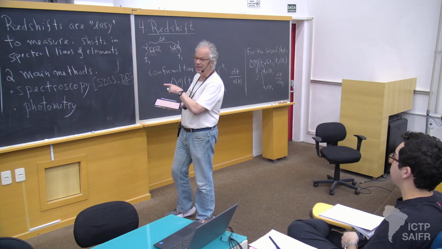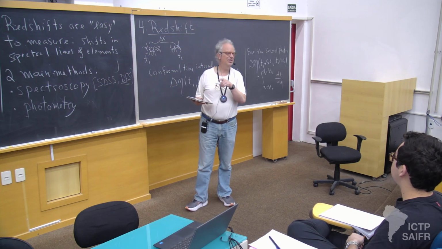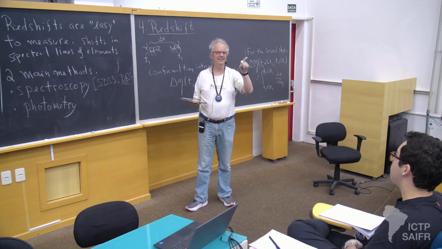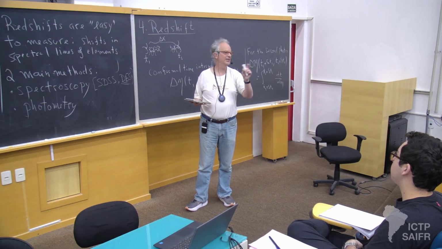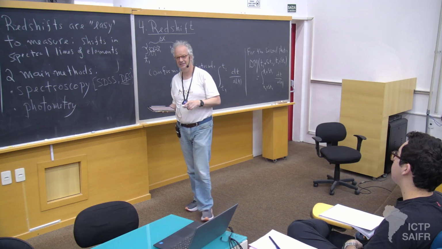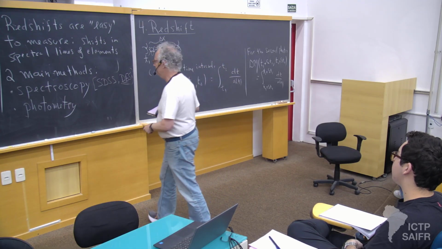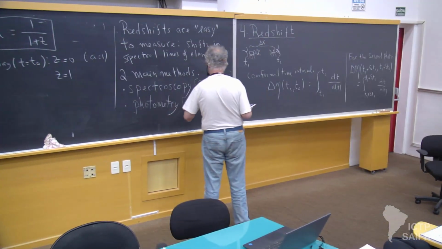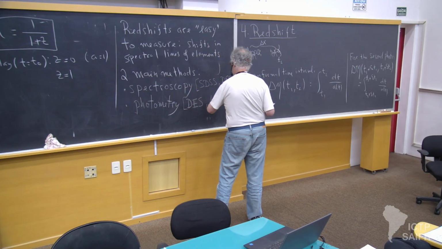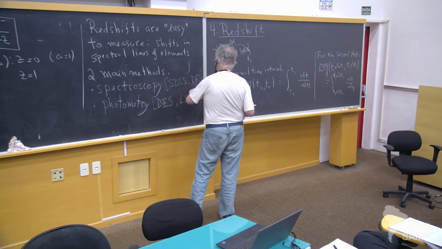And also, you have the shapes of the galaxies, which is another source of information, because the shapes of galaxies can be distorted by the presence of matter due to something called the weak gravitational lensing effect. This photometry method is used by the Dark Energy Survey, and now the LSST also uses this type of technique.